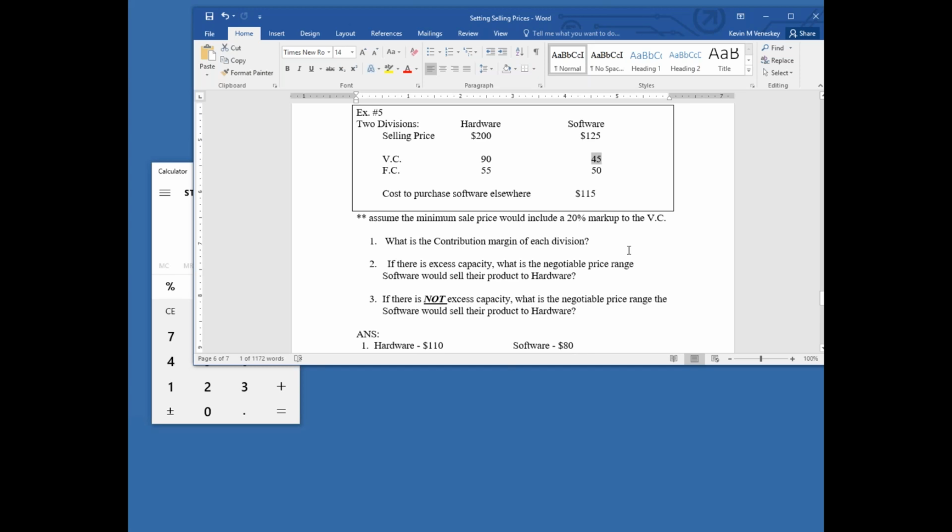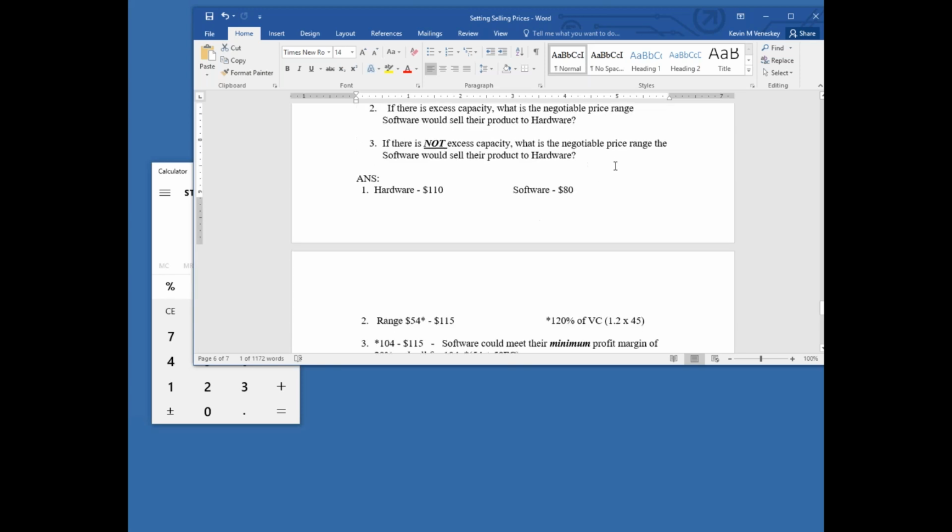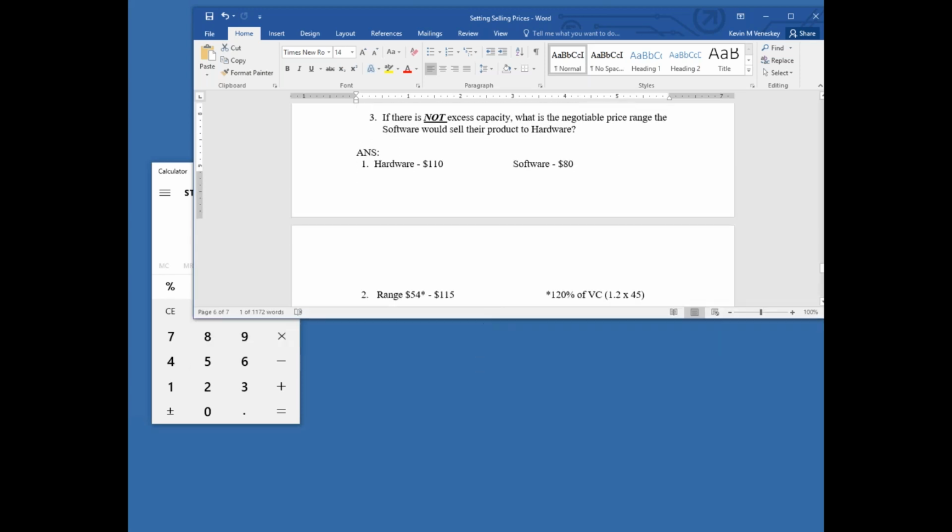So that would be $45 in variable cost plus 20% of this. 20% is $9. So 45 plus 9 is $54. So the absolute lowest the software company would want to sell it for is $54 because their fixed costs are already covered. And the absolute most the hardware would pay is $115.